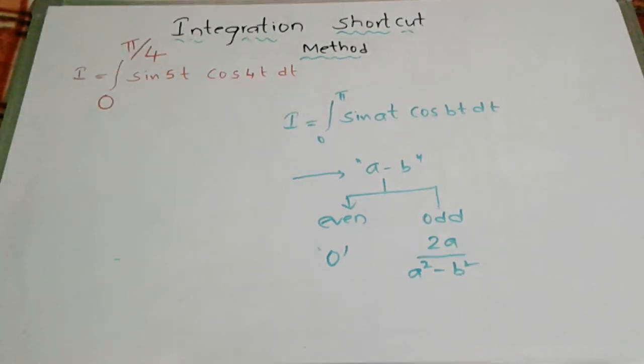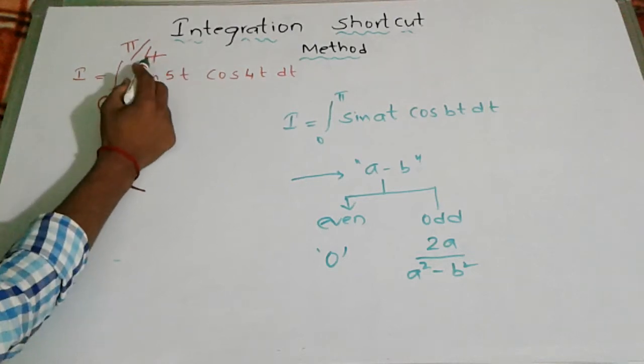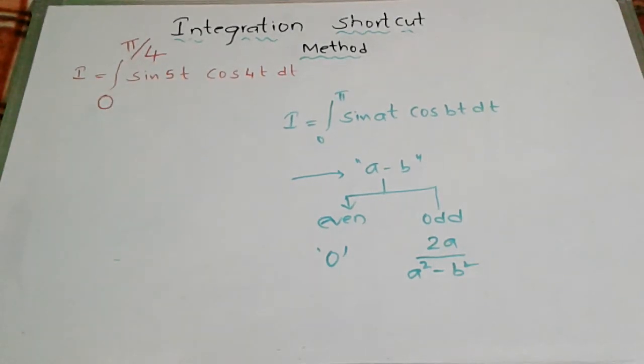So in exams you may not get the questions in the way of this general format, right? So you have to convert that so that you can apply this trick, right? The upper limit we have is pi by 4, so you have to change this into the general form, right?